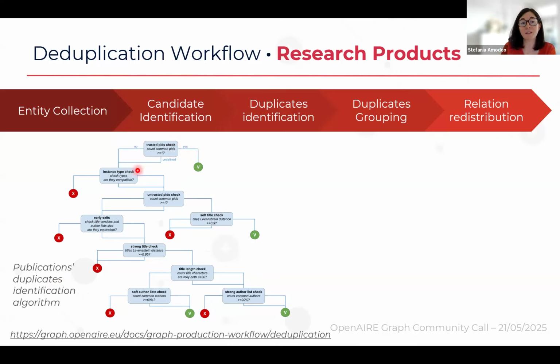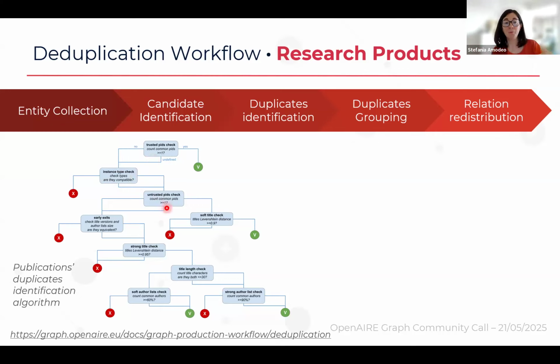Otherwise, there is a check on the instance type. For example, a publication could be either an article or a presentation, a conference proceeding, or there are other subtypes of publications. And the subtypes need to match for identifying duplicates. If the subtypes don't match, they are not duplicates.